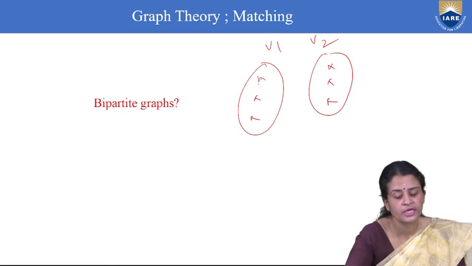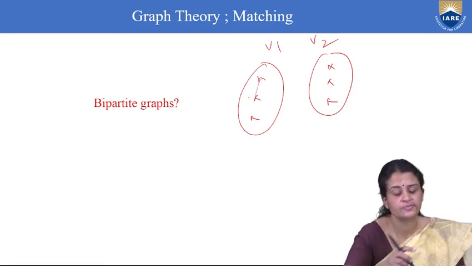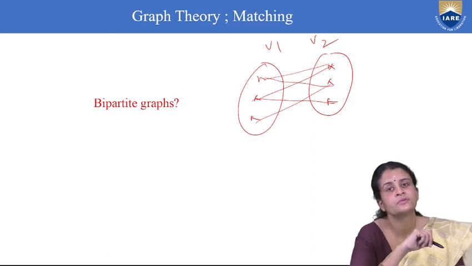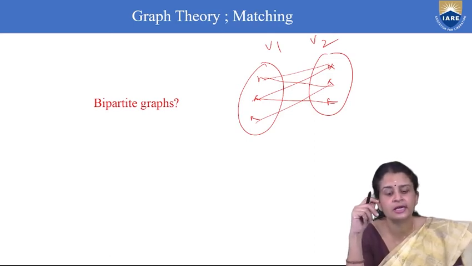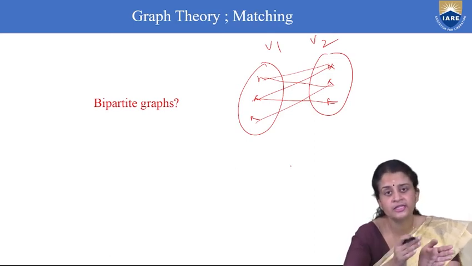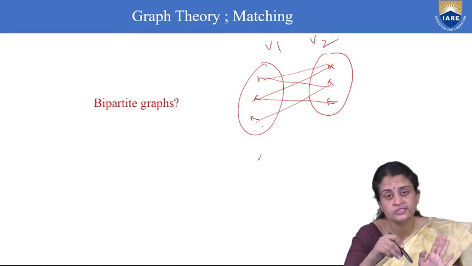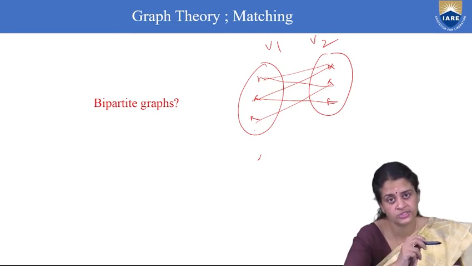That is, here we cannot find any edge like this. When we divide the vertices into such a disjoint union, we call each part a partite set. No two vertices in a partite set are adjacent.